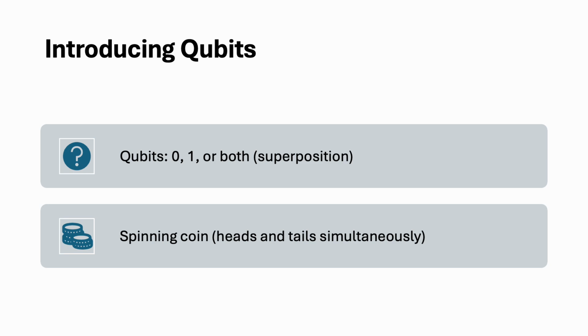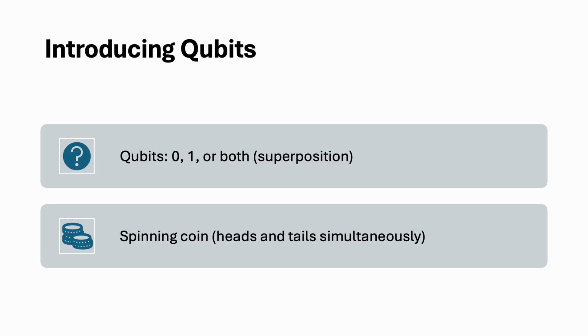This parallel processing power grows exponentially with each additional qubit, which is why quantum computers can potentially solve certain problems, like factoring large numbers or simulating molecular interactions, millions of times faster than the most powerful classical supercomputer can do.